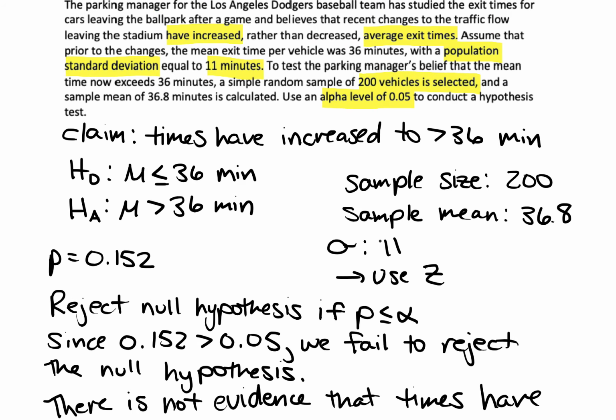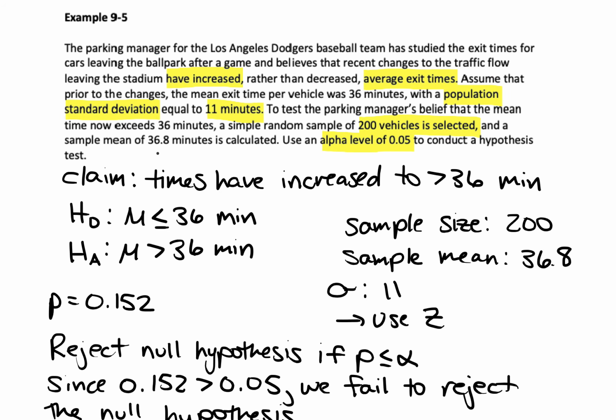So our sample mean was 36.8 minutes. So we found in our sample of 200 vehicles an average time that was just a little bit above 36 minutes, but not significantly enough above 36 minutes for us to conclude that it was a significant increase from that.